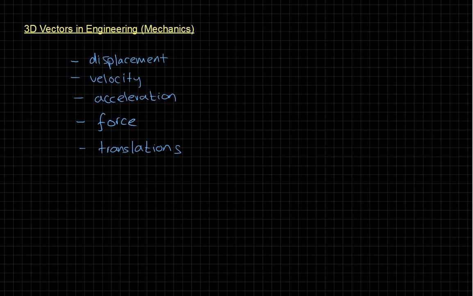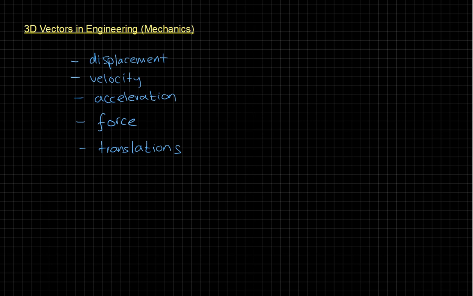You'd say it's been translated by 3, 2. In 3 dimensions, you can talk about translations as a 3D vector. And although, unfortunately, it's not included in the standard core content, 3-dimensional graphs can be translated, and those translations are described in terms of 3 dimensions.